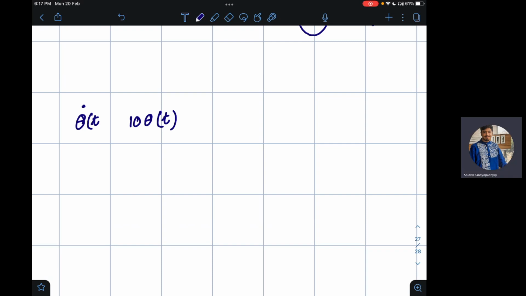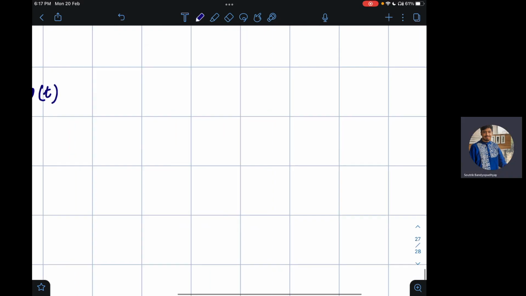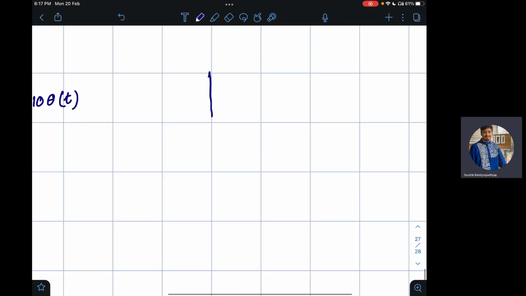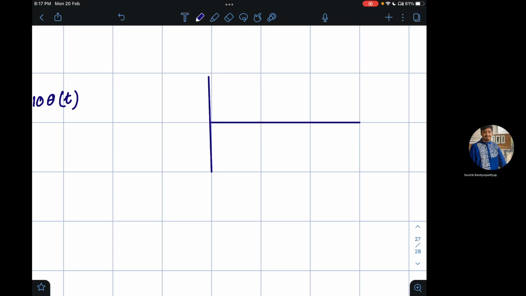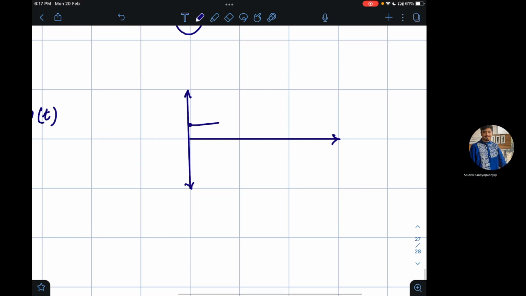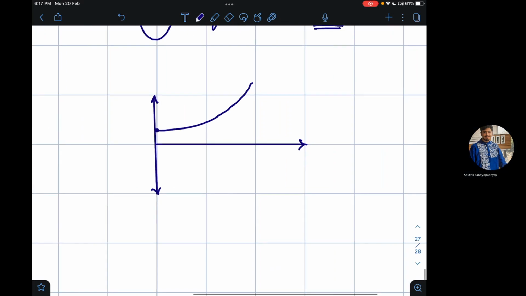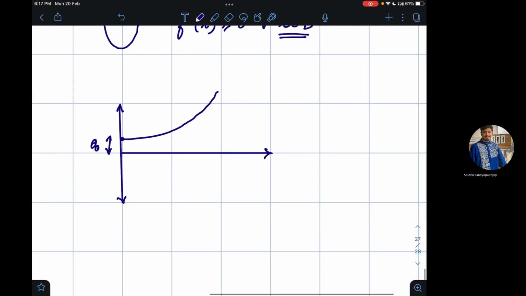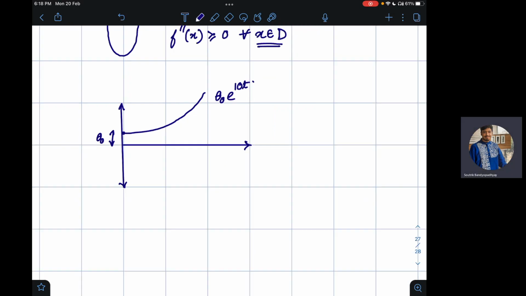If you plot the variation of theta with respect to time, suppose I am starting theta from some value, let's say this is theta naught, then theta would grow exponentially along this line, right?